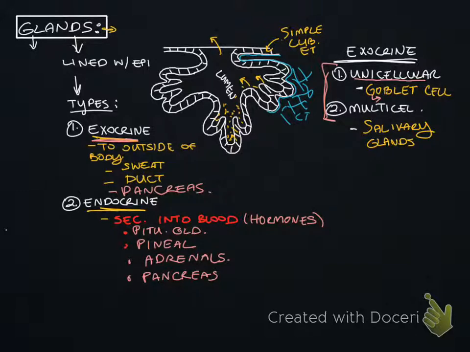In simple columnar epithelial tissue, and they secrete mucus. Now, multicellular exocrine glands, for example, would be salivary glands. Those are just some examples, and we're going to go into more detail about sweat glands later on, which is another example of a multicellular exocrine gland.